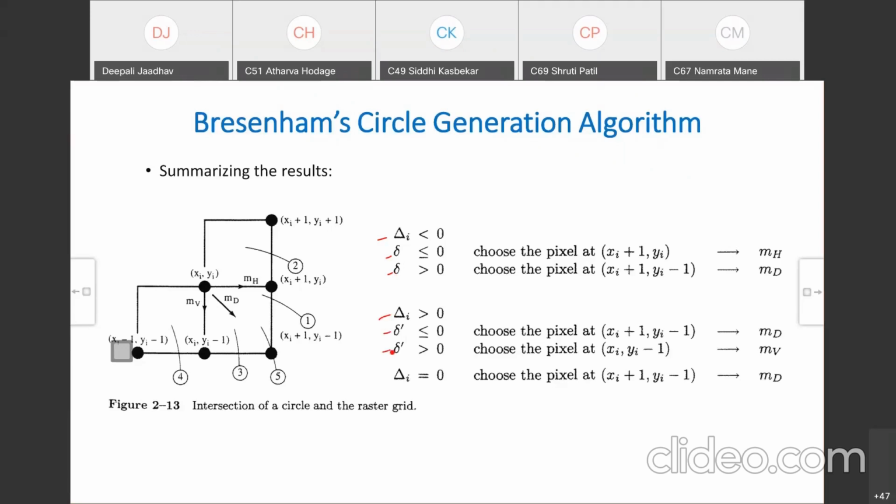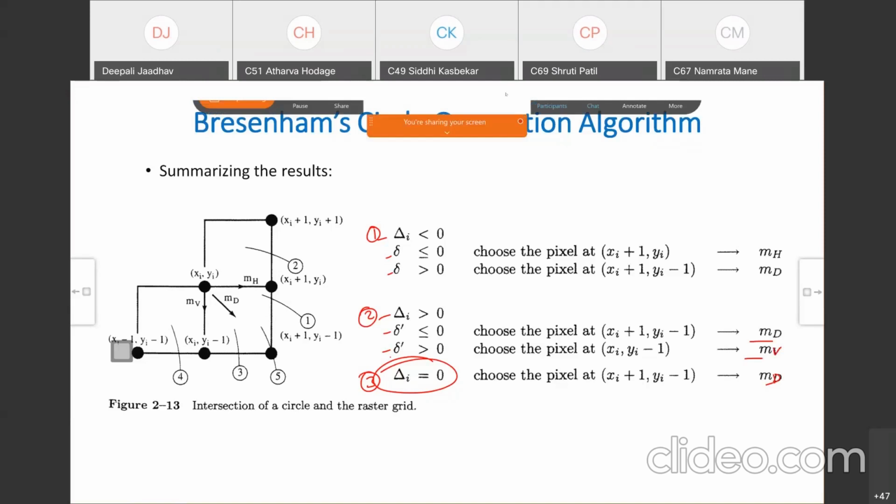If delta dash is less than or equal to 0, then choose MD, meaning that is closer. If delta dash is greater than 0, then choose MV. And for the last condition, choose MD. In this way, using these simple calculations, we are going to write the Bresenham circle generation algorithm.